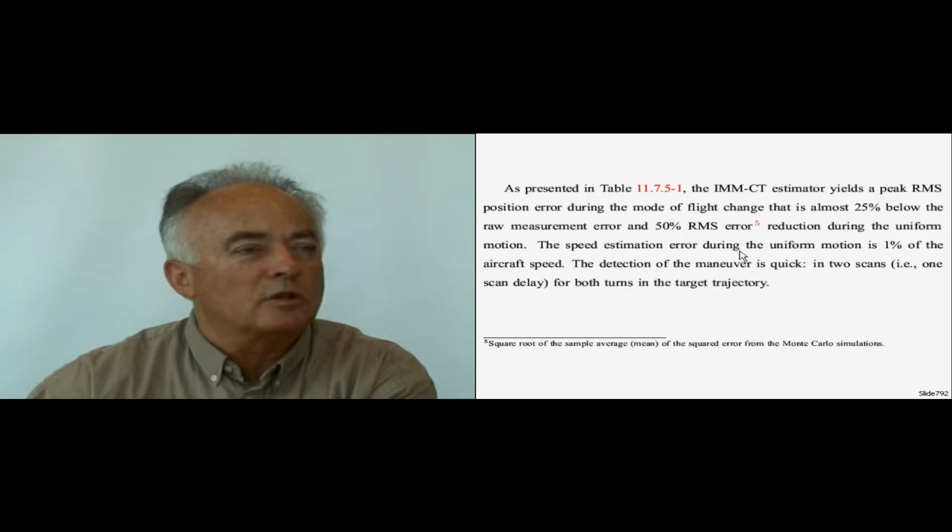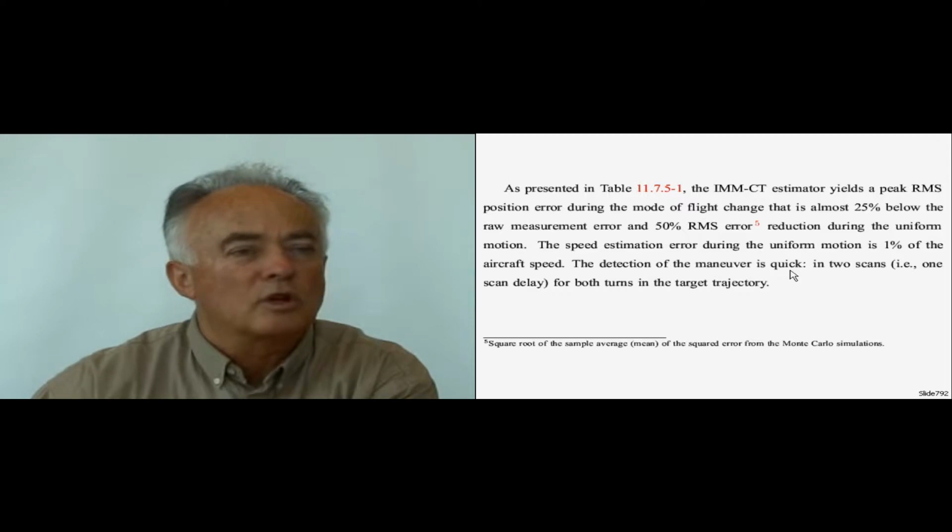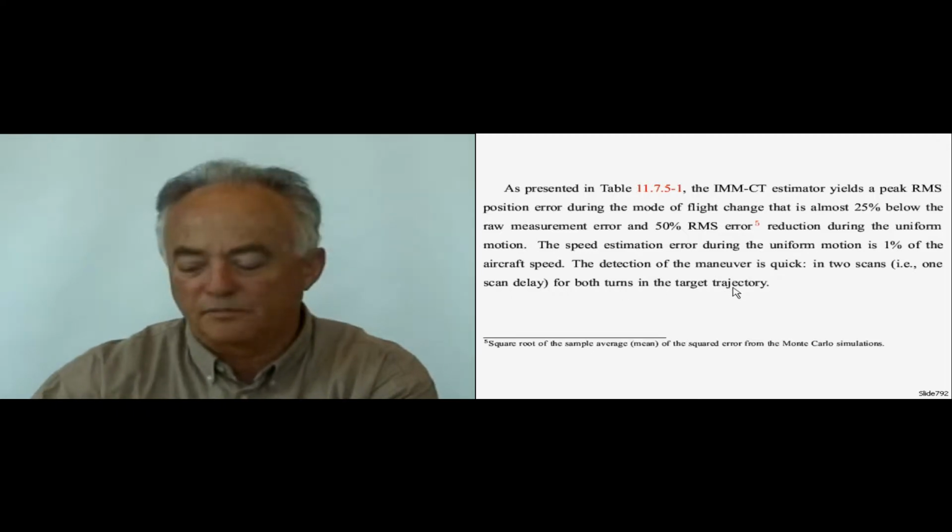And we'll see that the speed estimation error is 1% of the aircraft speed, which is a pretty good number, and the detection of the maneuver is also relatively quick, 2 scans, namely 1 scan delay for both turns in the target trajectory.